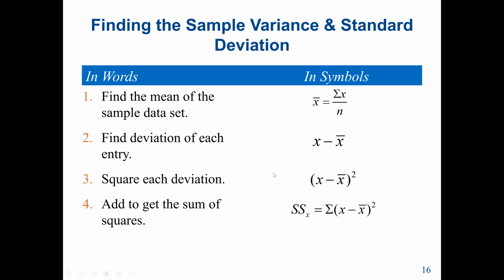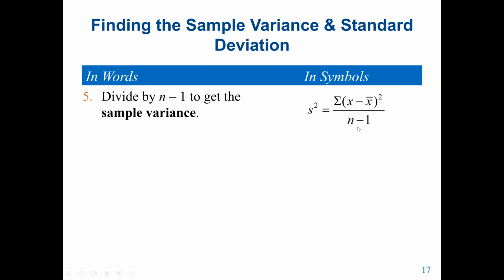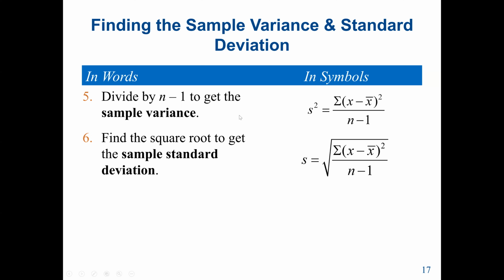Then after we know the sum of squares, we divide by n minus 1, and that will give the sample variance. Then we find the square root, and that will give us the standard deviation.